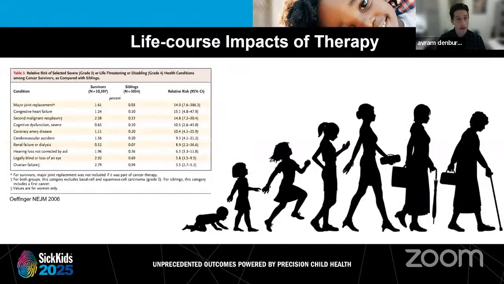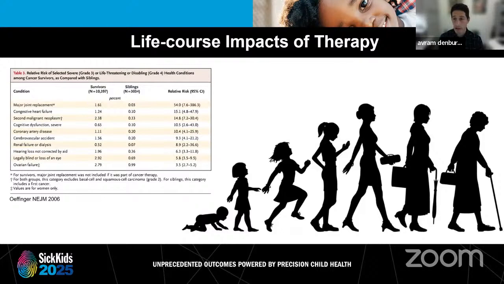And so lastly, very quickly, I think we can't forget life course impacts of therapies. This is just a quick snapshot of some results from the Childhood Cancer Survivor Study, which looked at the implications of cancer therapy on kids across the life course. And really what you're seeing here in these numbers is a huge, outsized relative risk for a number of very serious health conditions in survivors of childhood cancer as compared with their siblings.